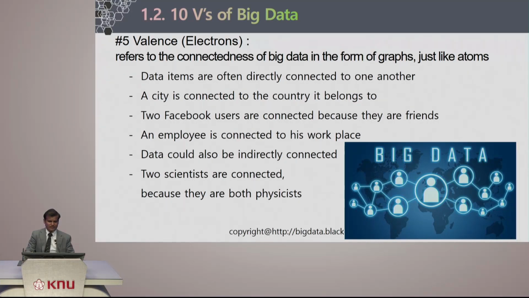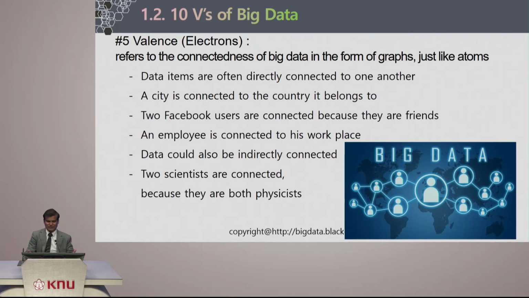Yes, sometimes data could also be indirectly connected. Say for example, a student in your school might be connected indirectly to a student in another school in another country. Of course, you both have certain similarities. For example, you both are in the same major, you both are in the same year, you both are learning the same subjects, and there may be other similarities that make you connected somehow.